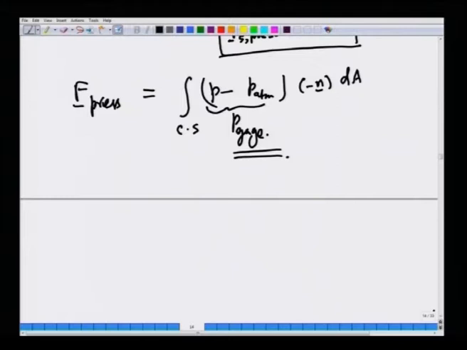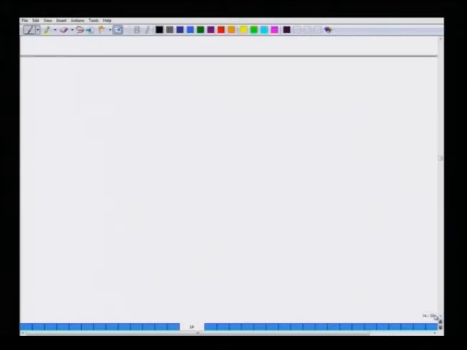Now, let us try to illustrate all of this using a simple example. Example of integral momentum balance.